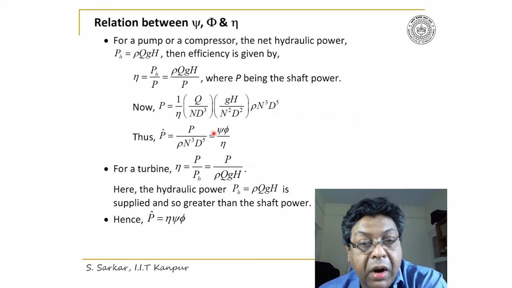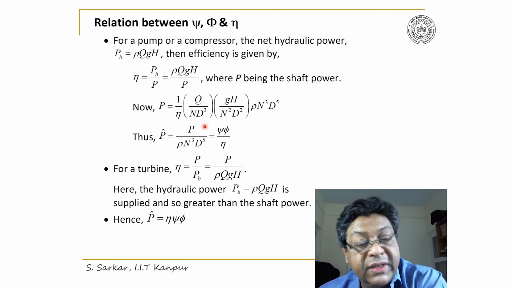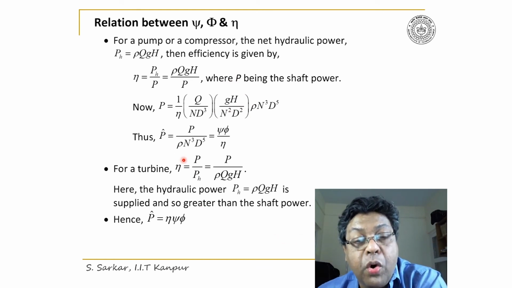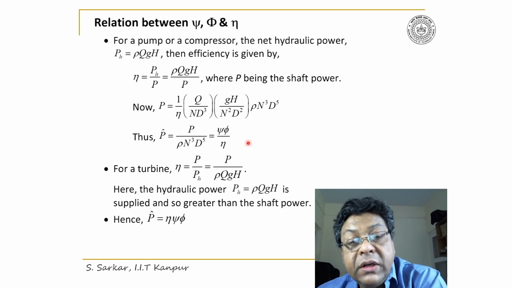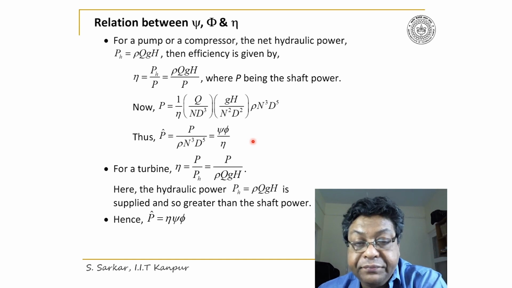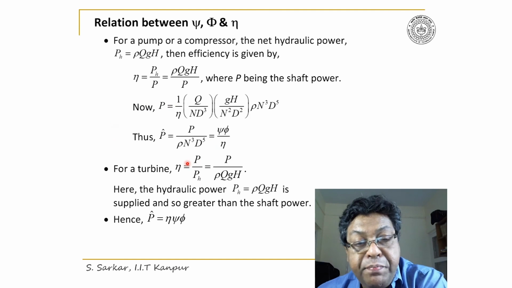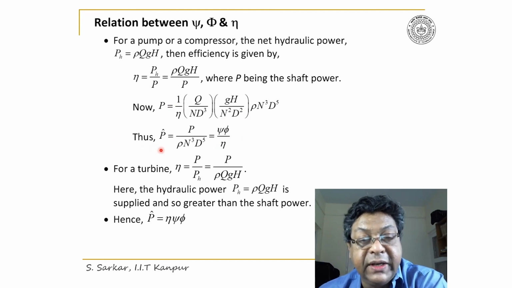Now if you remember, this Q divided by N D cubed is nothing but phi, the flow coefficient, and gH by N squared D squared, this group is nothing but psi. So thus P tilde, which is P divided by rho N cubed D to the power 5, would become psi into phi divided by eta. So thus for a pump or a compressor, I can write P tilde is equal to psi phi divided by eta.